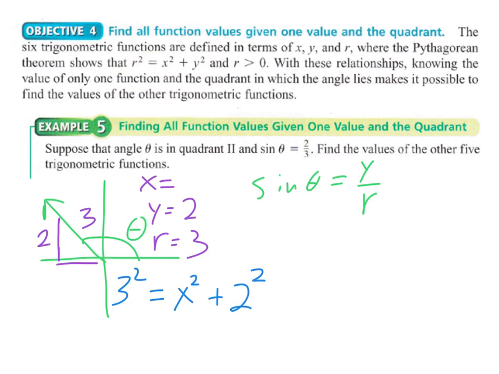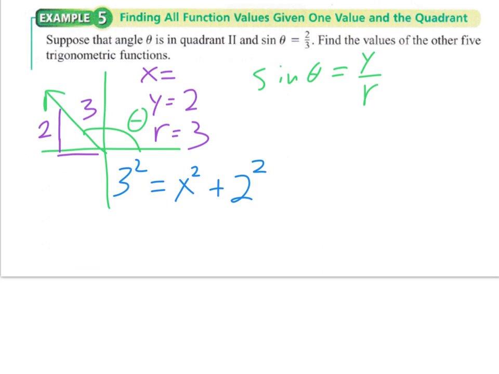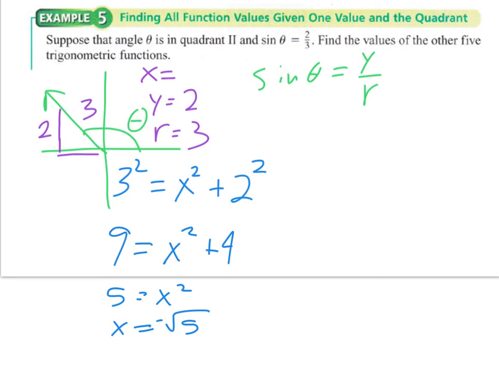So we end up with 9 equals x squared plus 4. Subtracting the 4 gives me 5, so 5 equals x squared. So x would have to be the square root of 5. Now typically we would do a plus or minus when we square root both sides. In this case though, since we know we're in quadrant 2, we know the x value is negative. So x would be negative square root of 5.